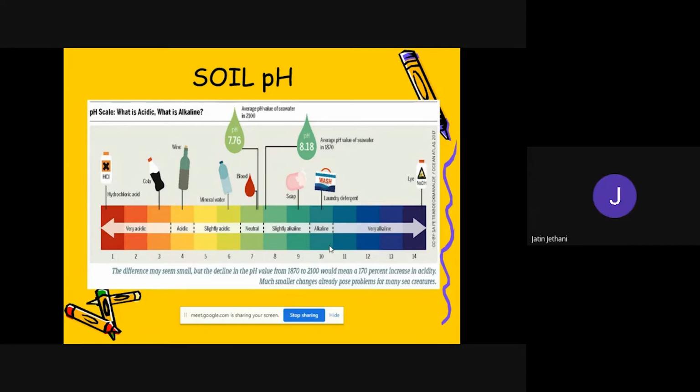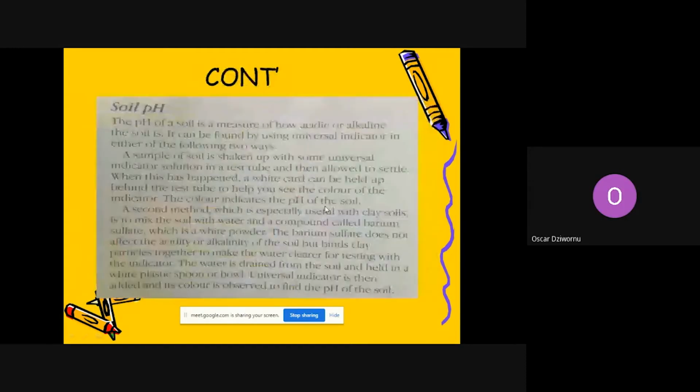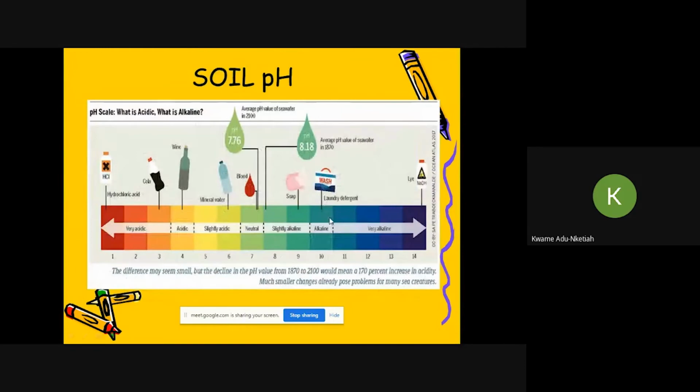Mister, it looks like a pH scale. Looks like a what? A pH scale. Comment on that. Mister, I can't see the screen. Oh, all of you can't see my screen? I can see it. Click on my name and sharing.